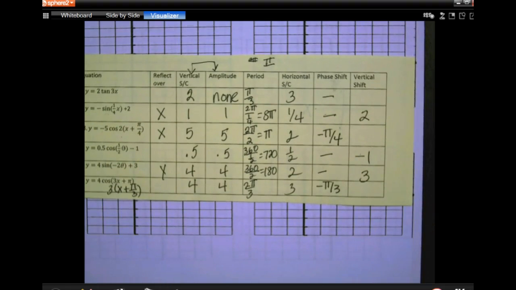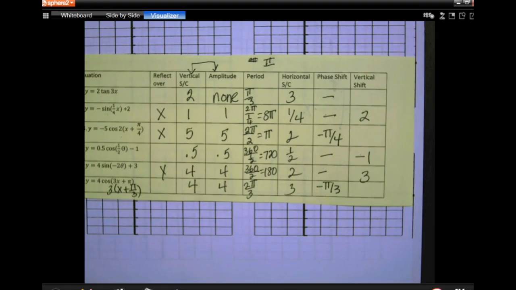Your vertical shift is outside. I got vertical shift, amplitude, horizontal compression, phase shift, and vertical shift. As much as I'm giving you a bad time about copying the homework and as much as I'm being crabby, I really just want you to pass the test. That is a huge chunk of our time and a huge chunk of your grade.